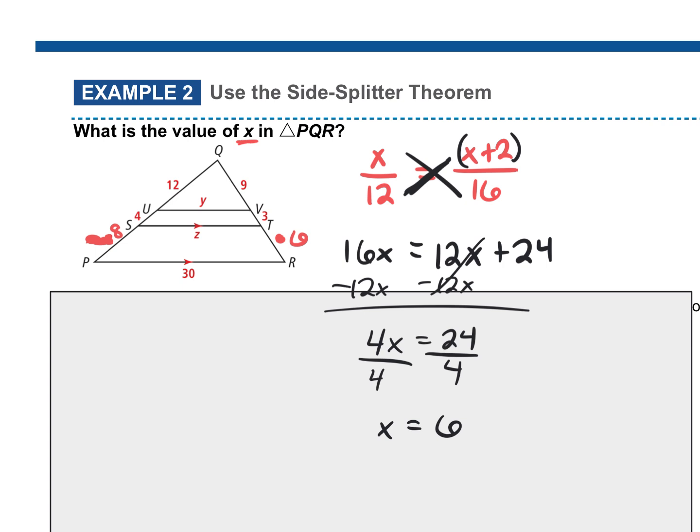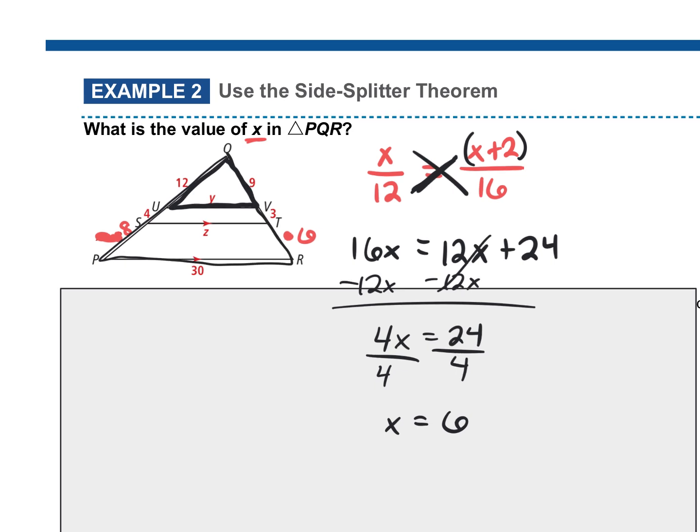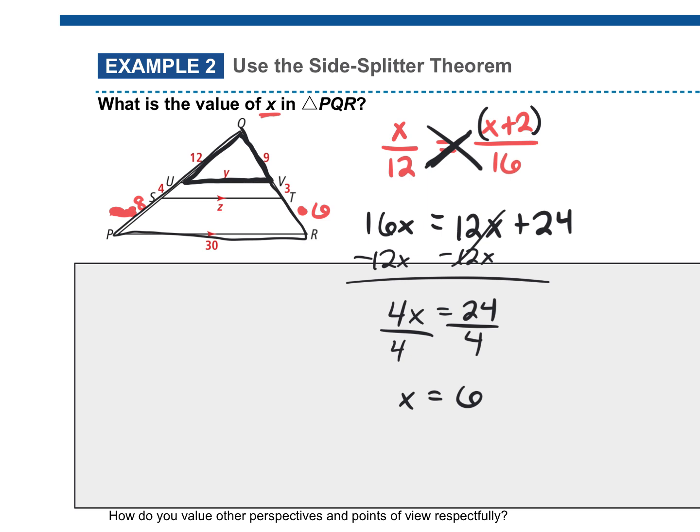When you're dealing with a bunch of triangles, you want to limit to which two triangles you're looking at. Do you agree y is in this triangle? And then we want to compare that to the whole shebang. So if I'm setting up a new proportion, what can I relate y to? 30. Correct. y relates to 30 because of where they're positioned.